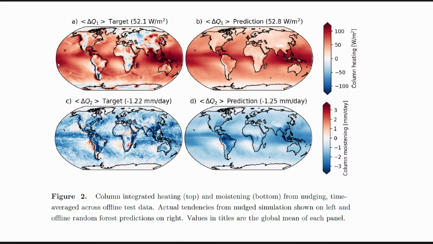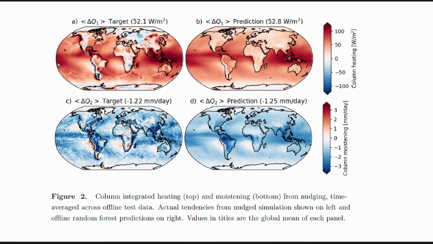You can see some interesting stuff around mountain ranges, the Rockies, the Himalayas, the Andes. And you can see, at least to a reasonable kind of slightly blurred out approximation, the random forest is calculating more or less correct moistening, right?